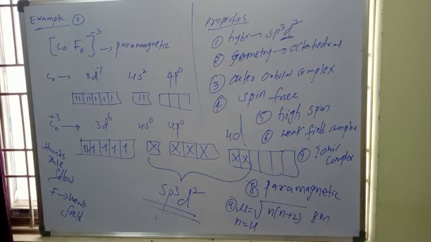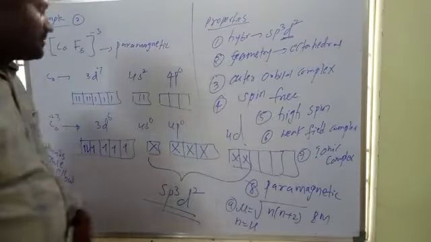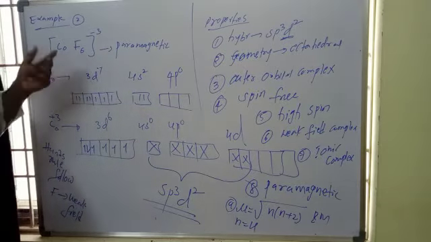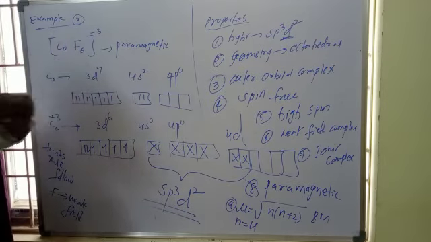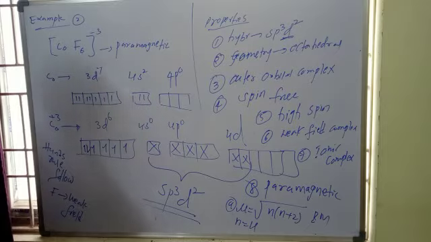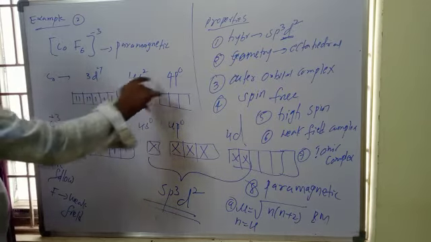Finding the hybridization is based on the ligands. I am explaining again: this complex is paramagnetic, meaning unpaired electrons must be present. Cobalt has atomic number 27, and in the ground state the outermost shell configuration is 3d7 4s2 4p0.